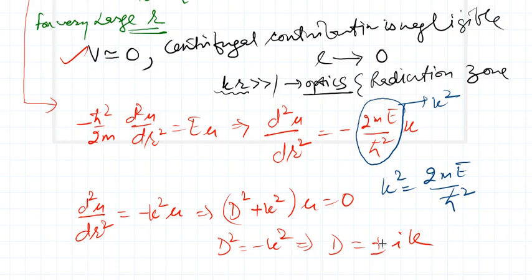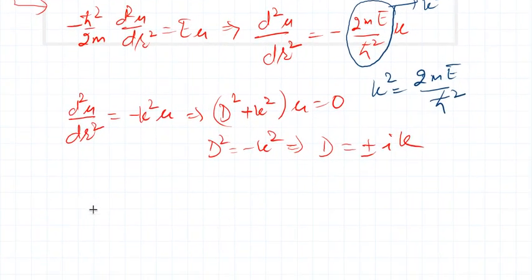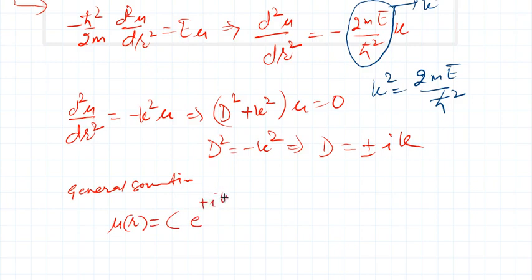And u is a function of r. So the general solution can be written as: u(r) must be equal to C e raised to power plus iota kr plus D e raised to power minus iota kr.